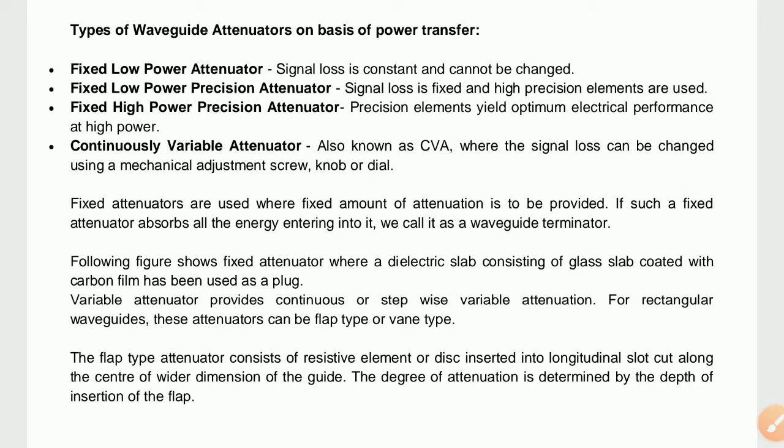What was the function of that port? It absorbs all the energy entering into it. So in the case of fixed attenuators, a waveguide terminator is provided, which absorbs all the energy entering into it.